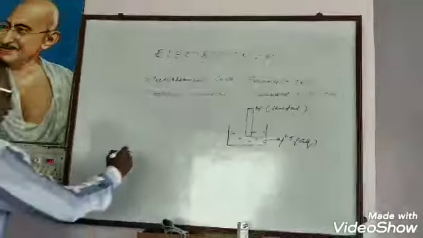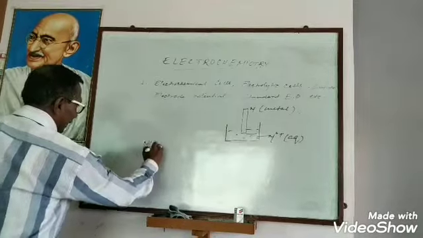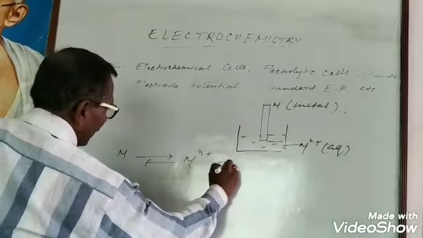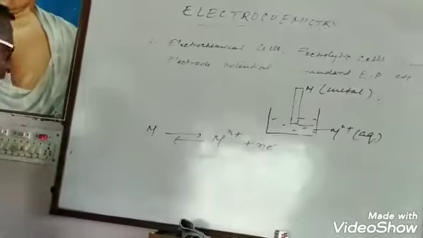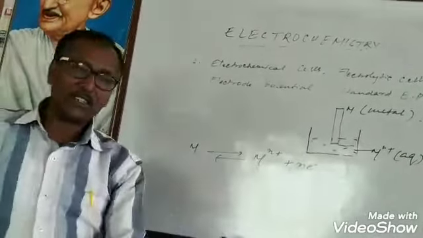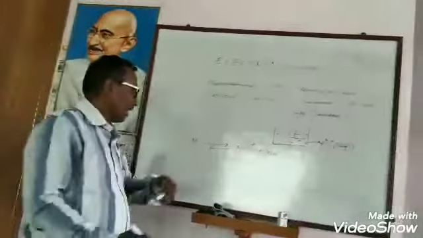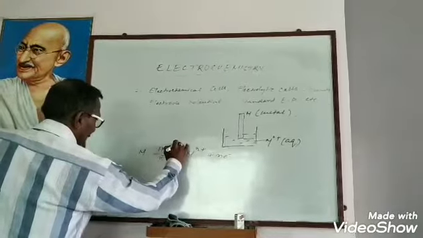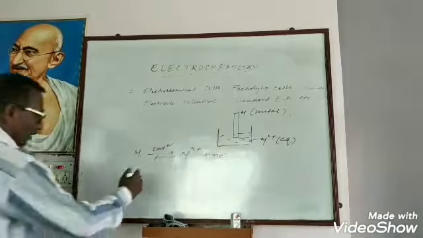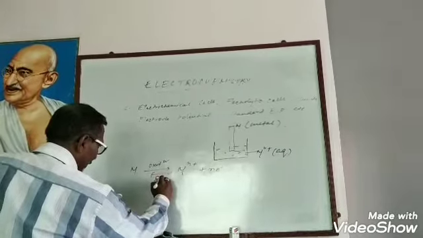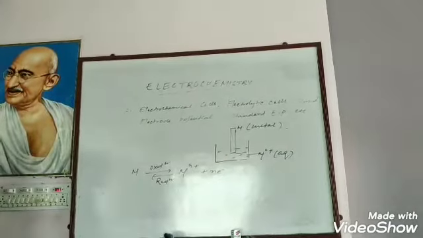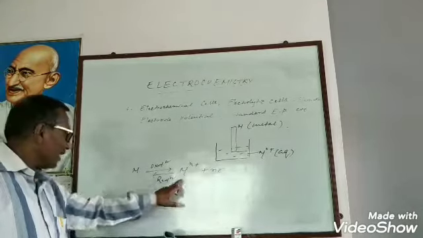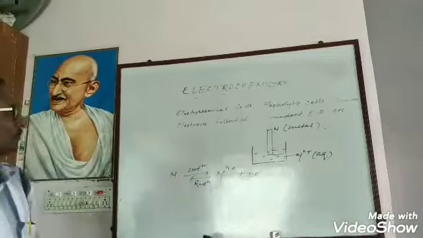Now symbolically it is also represented like this: M ⇌ Mn+ + ne-. This is the general representation of electrode reaction. The forward reaction evidently is oxidation, and the backward reaction is reduction. Once again, oxidation takes place at anode and the reduction takes place at cathode.